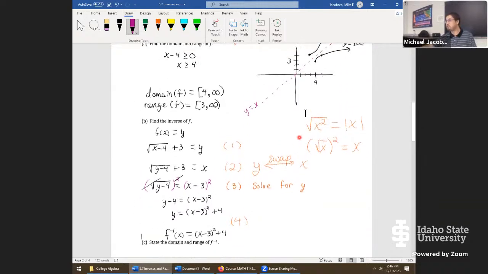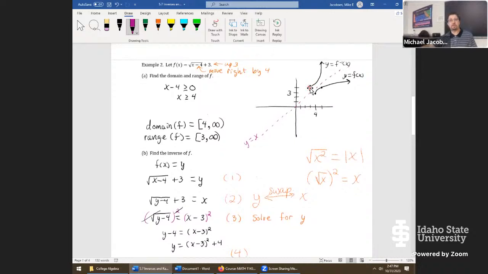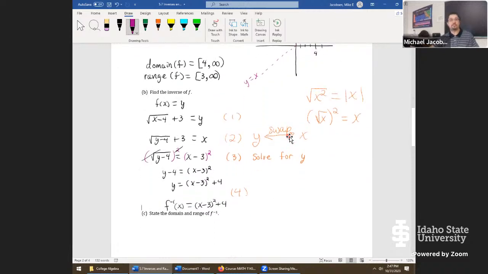So now last thing to do is just state the domain and range. We could state it from the graph if we wanted to. That's working a little bit hard. Or use this as a formula from chapter 3. I would write domain of f inverse to start, since that's what we're trying to find. And it's in purple because this is really a formula in its own right. The domain of f inverse is automatically the range of the original function f. So we go look up what that was.